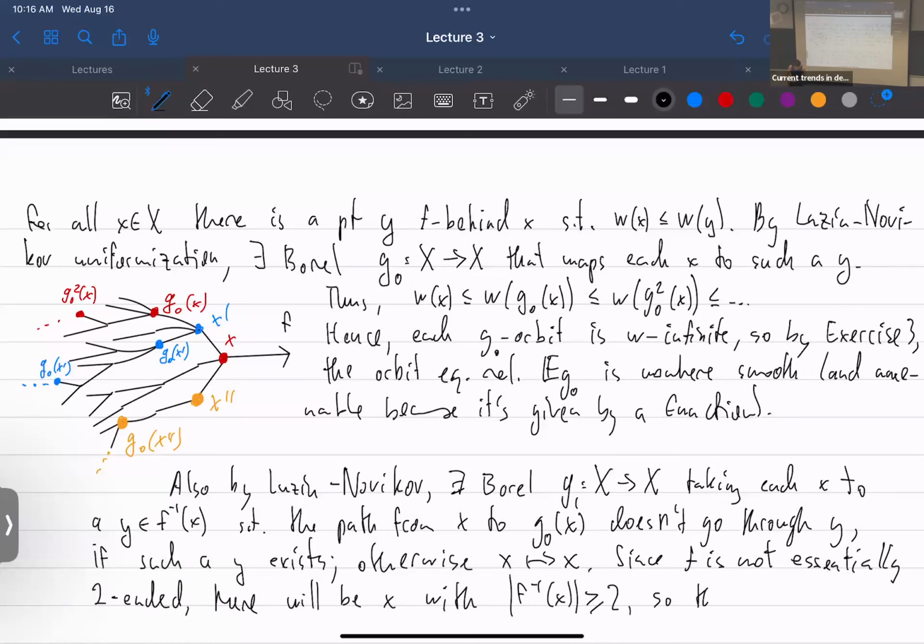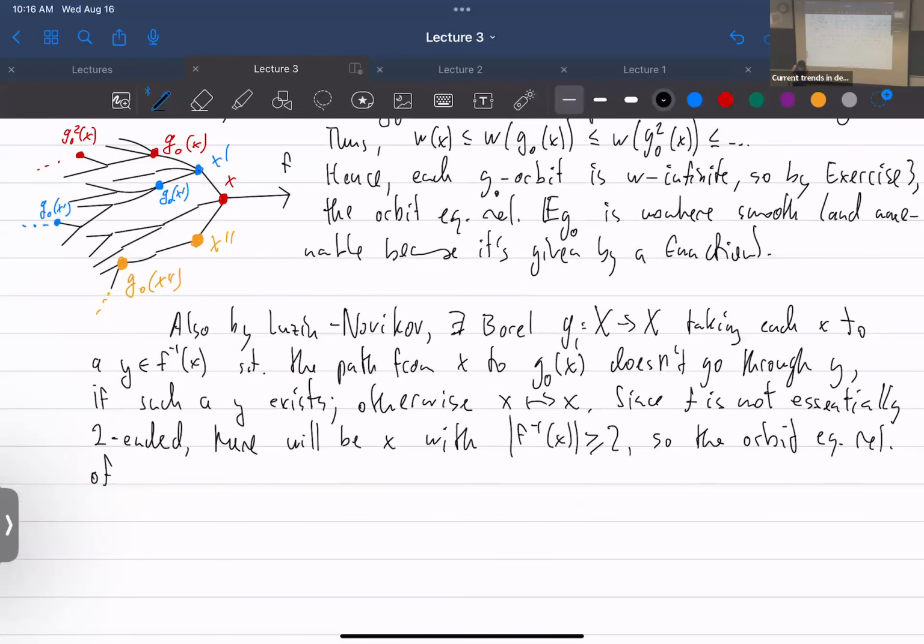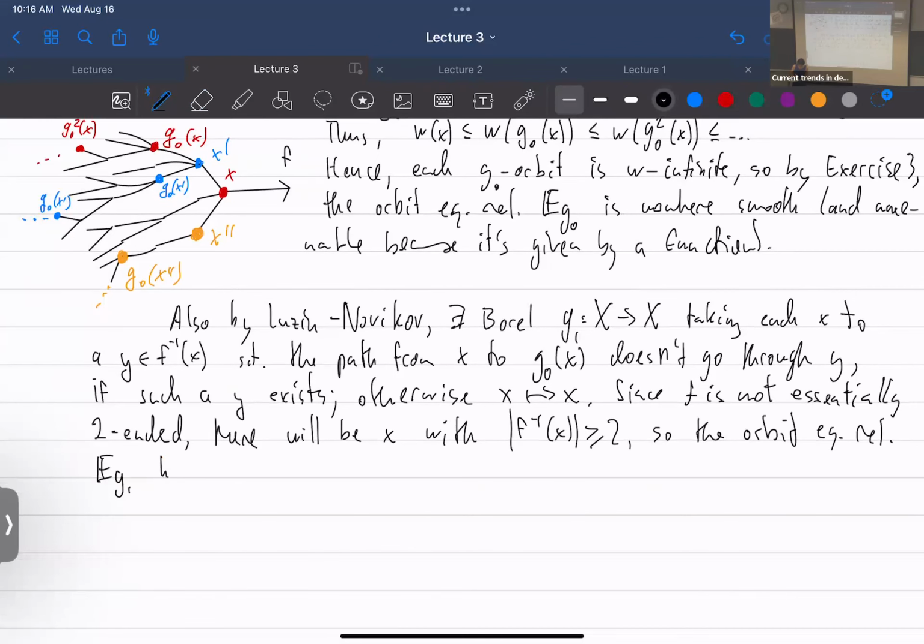So the orbit equivalence relation of this G1 is at least non-trivial. It has a non-singleton class in each E class. Okay, that's all I want from G1.